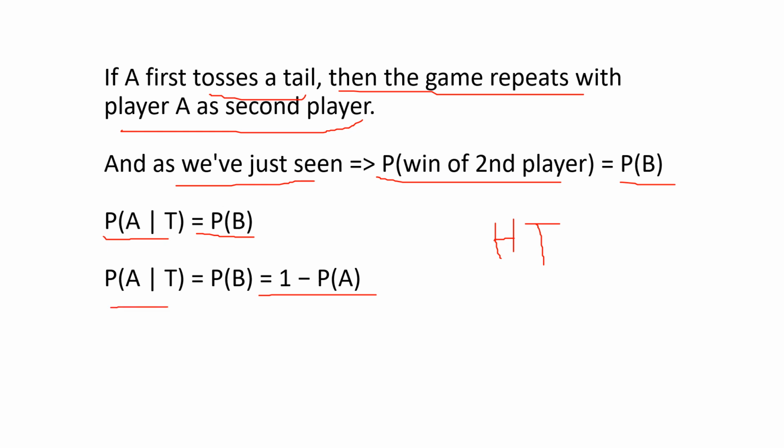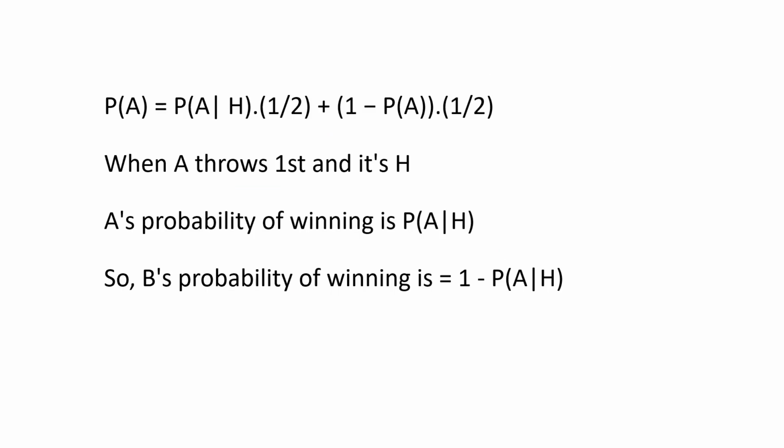So probability of A given tails is equal to 1 minus PA. Putting this into the equation, we get probability of A winning the game equals probability of A winning given A tossed heads, which we are yet to estimate, times 1 by 2, plus 1 minus probability that A wins the game times 1 by 2.